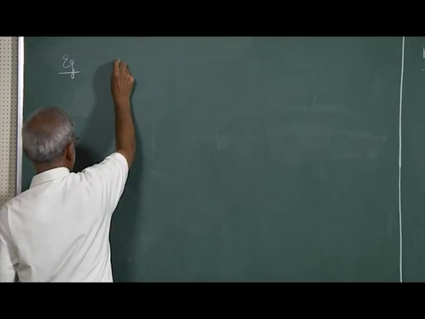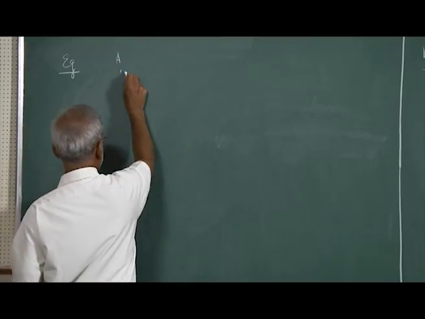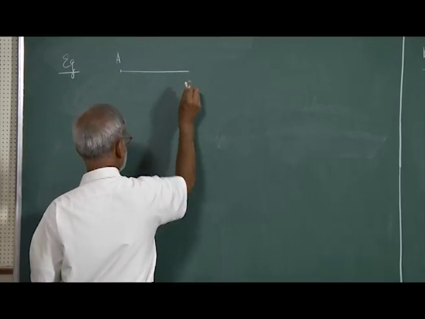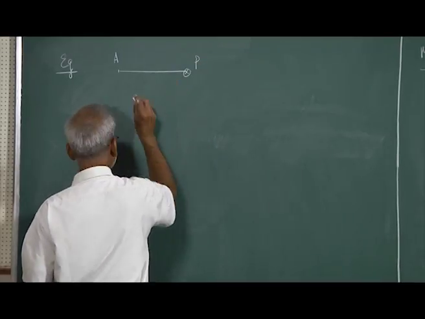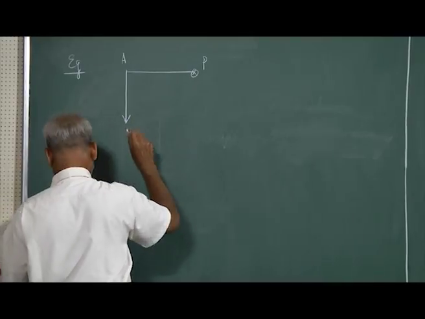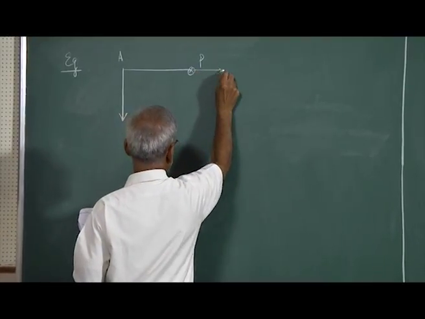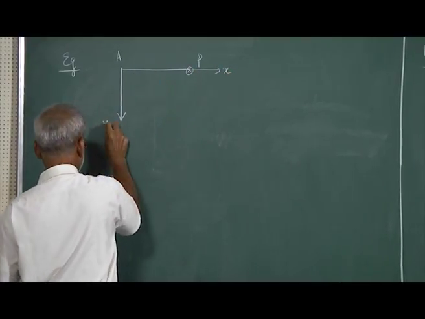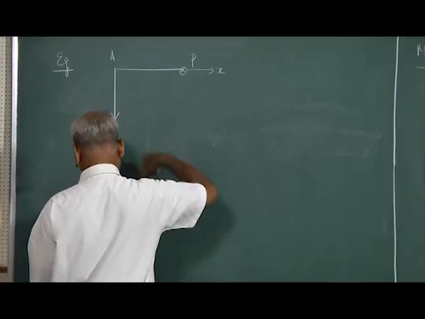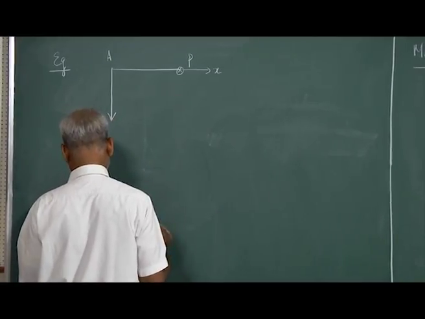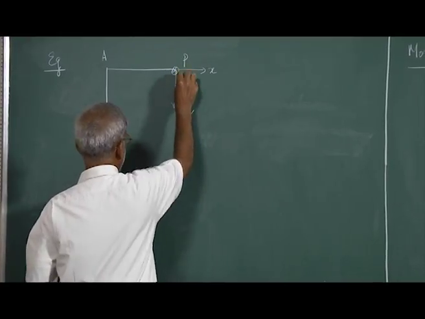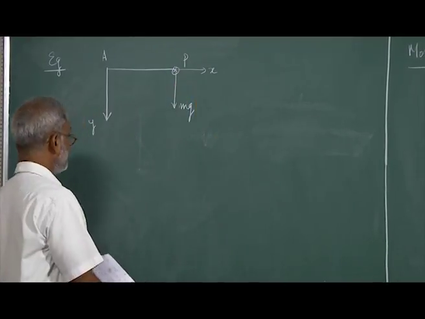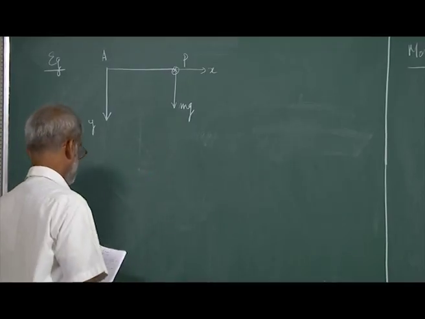So I have a point A here, and this is a particle P here, and this is the axis coming out. I will set up the axes as x axis and y axis. It is simply a particle which is falling, the mass is m, gravitational fall.